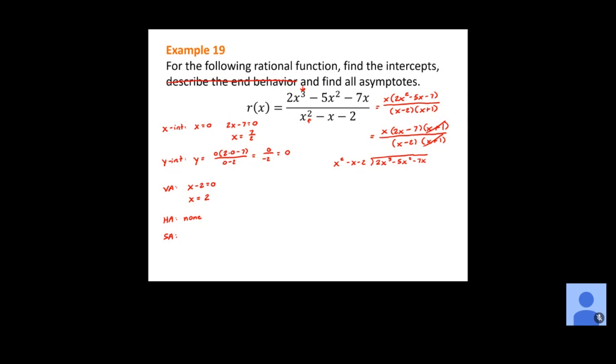All right, what's our first step here for our long division? Good, so we take the 2x cubed. We're going to divide it by the x squared on the outside, and that's going to give us what?